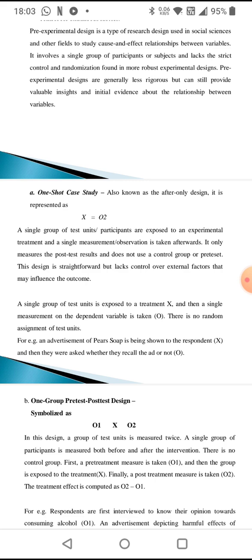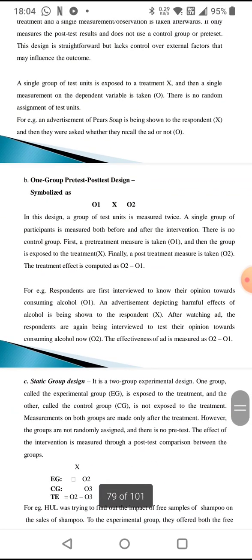One group pre-test post-test design is symbolized as observation 1, treatment, and observation 2. In this design, a group of test units is measured twice. A single group of participants is measured both before and after the intervention.